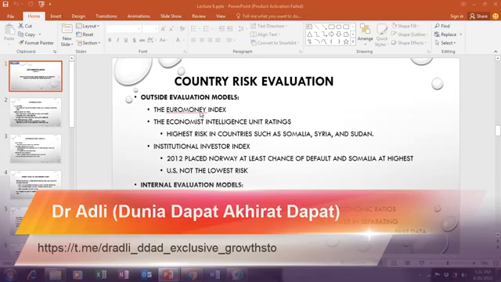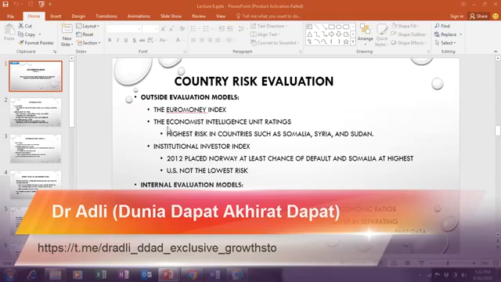Compared to that, look at number 5: Syria, Iran, Iraq, Sudan, Zimbabwe, and Somalia. Somalia is the lowest one. Why are these countries all Muslim countries? So that's the problem here. We need to be tier 1 instead of tier 5. That is for the Euromoney index.